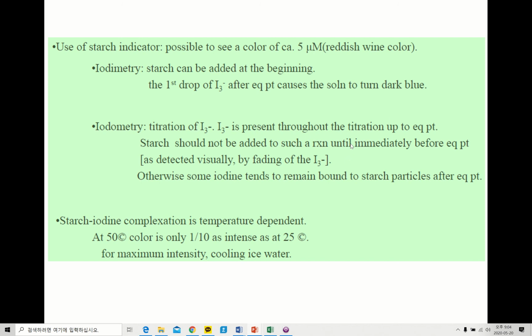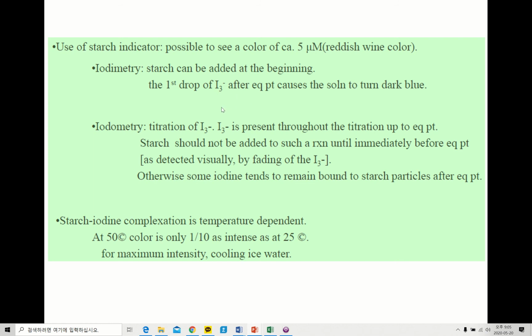Why? You added iodine solution to your analyte, and you titrate your analyte with standard iodine or standard triiodide solution.